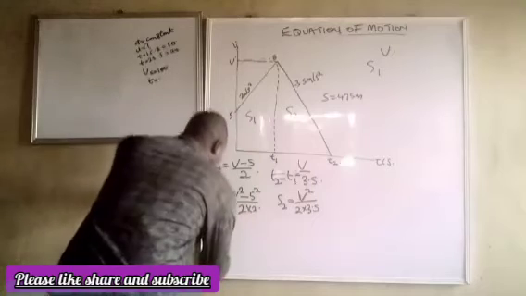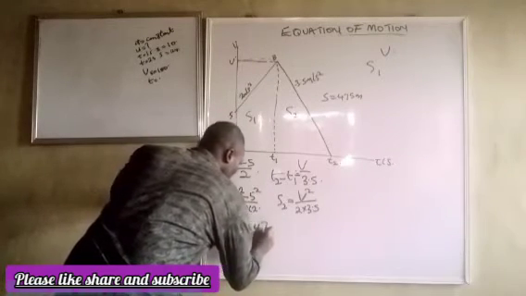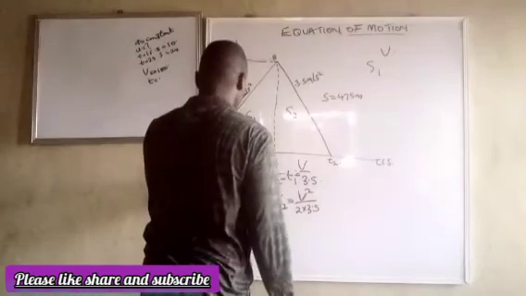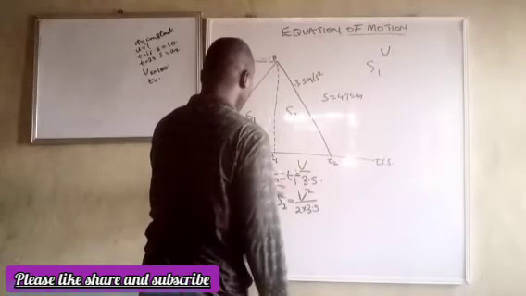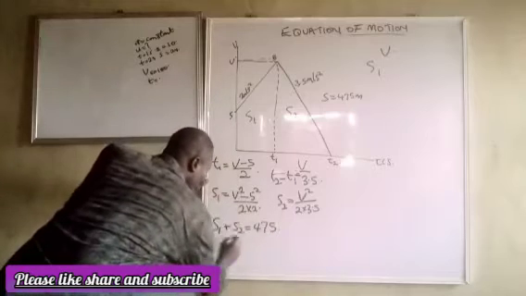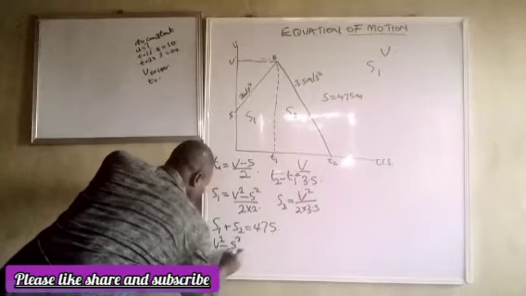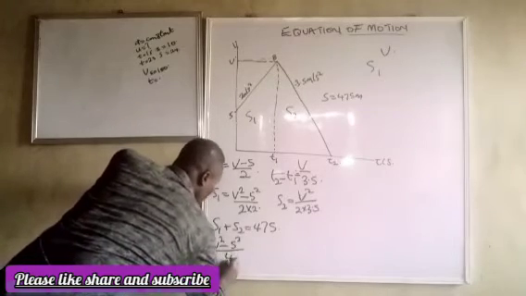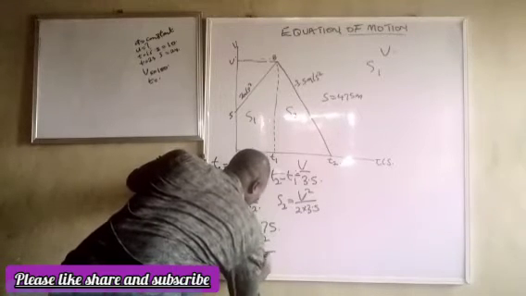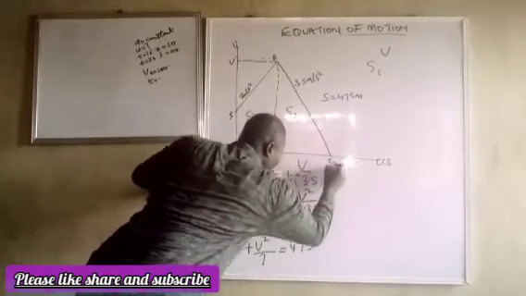Now, S1 plus S2 is equal to 475. Now let's see. So I have V squared minus 5 squared over 4 plus V squared over 7 is equal to 475.